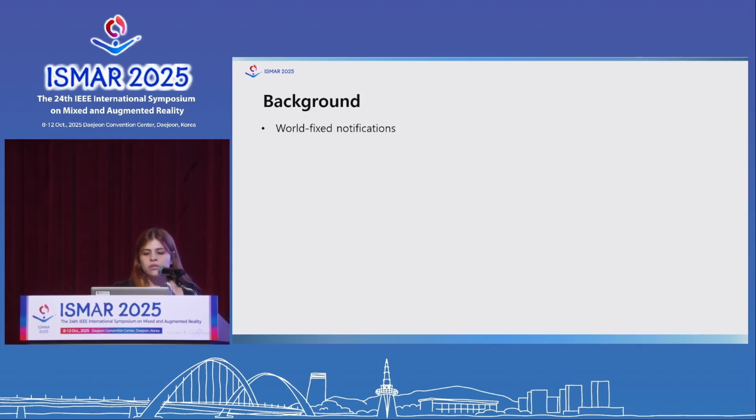Prior work investigated world-fixed notifications, where the notifications are static and attached to a certain location in the 3D environment. Another one is the heads-up placement for notifications, which are attached to the headset, which means the user is constantly seeing the notifications in their field of view until they dismiss them.